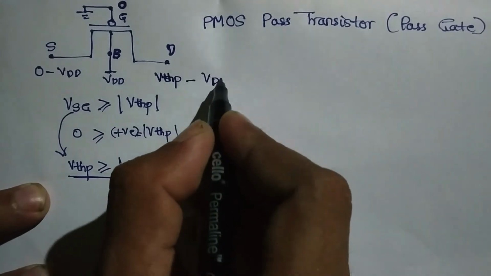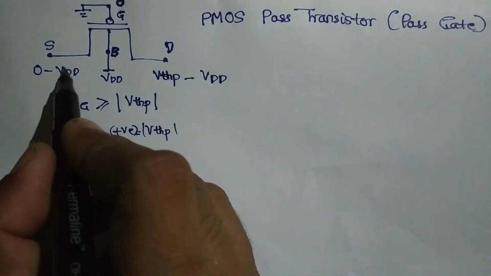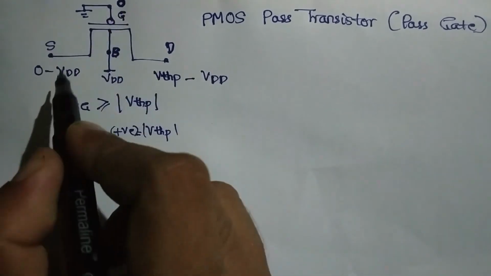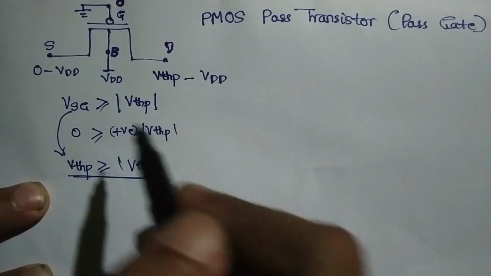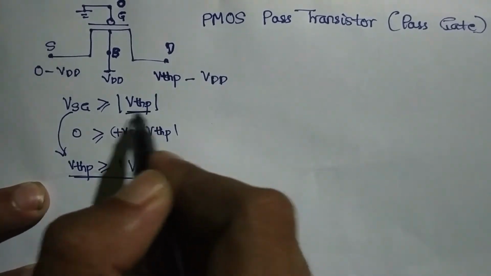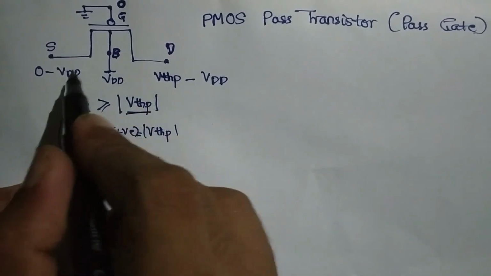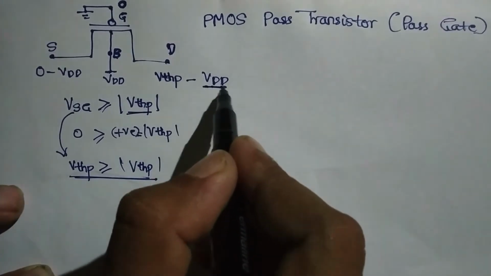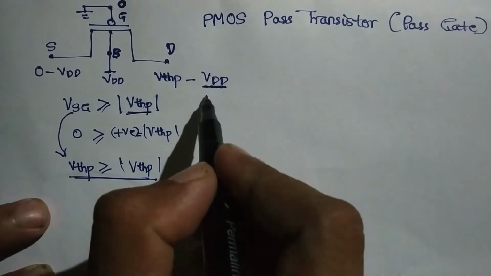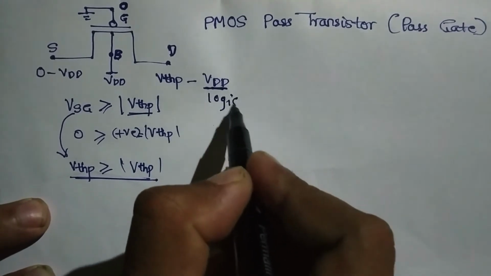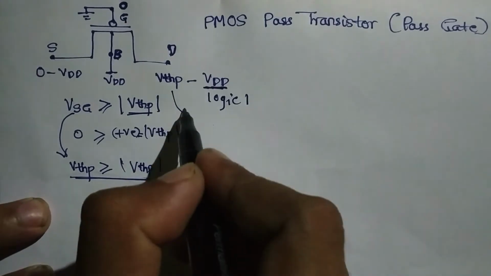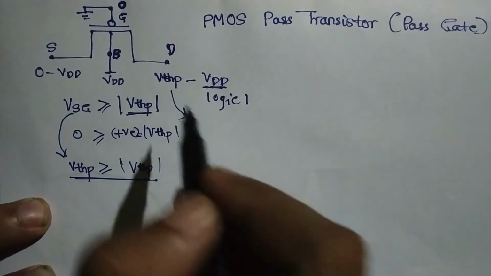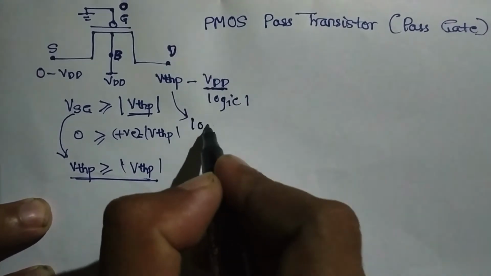At VDD I don't have any problem, because VSG will be VDD minus 0, which is definitely greater than VTHP, so it will transfer till VDD. So it is a strong passer of VDD, or a strong passer of logic 1, and a weak passer of logic 0.